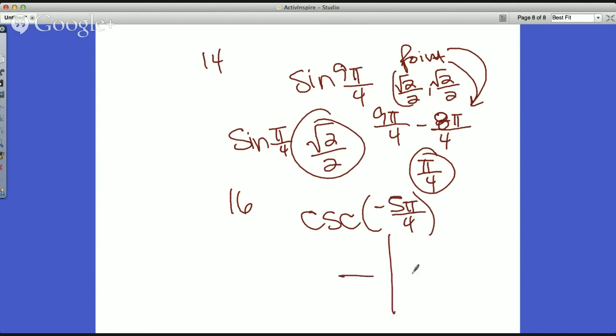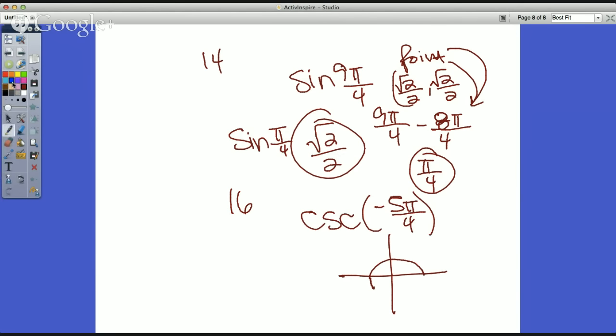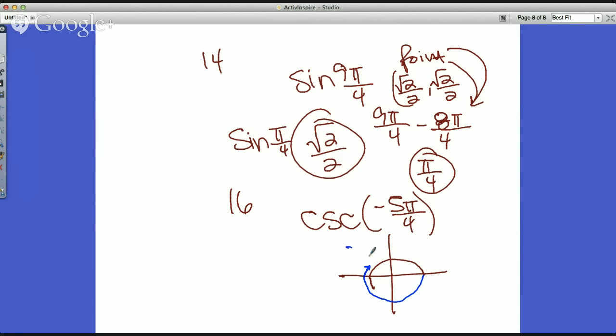Well, because it's negative 5 pi over 4, we know that 5 pi over 4 would be over in this direction, but because it is negative, it's going in the opposite direction, to where now this blue one would be negative 5 pi over 4. Once I do that, I know the reference angle here would be pi over 4.